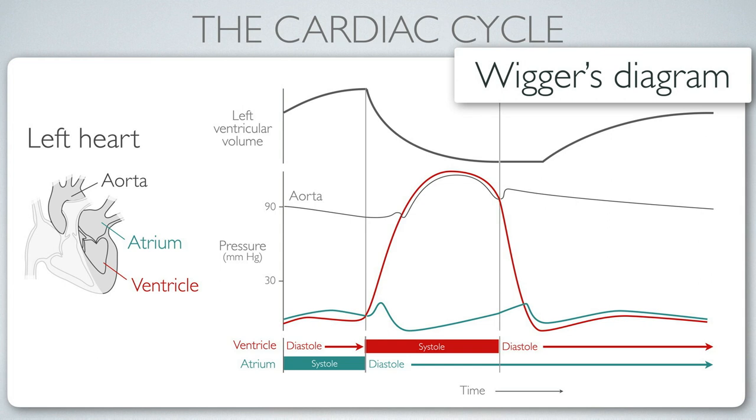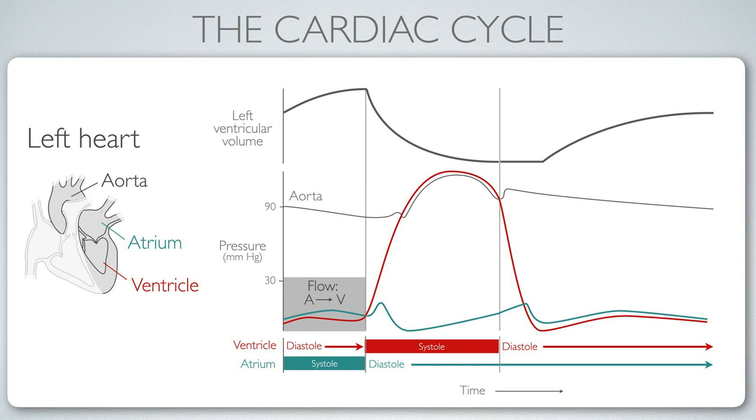So, for example, during atrial systole, we know that the AV valve is open, and we can also see here that the atrial pressure is greater than the ventricular pressure. And so we can infer that we have flow from the atrium to the ventricle.